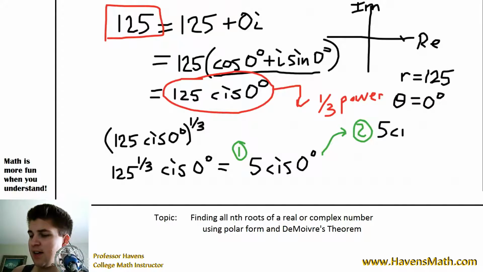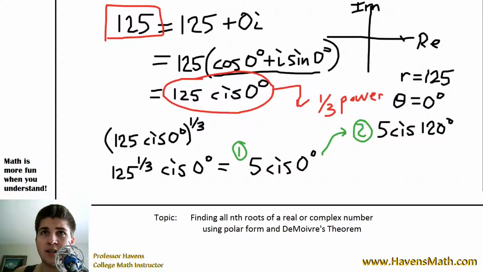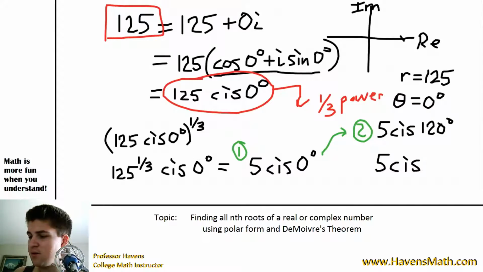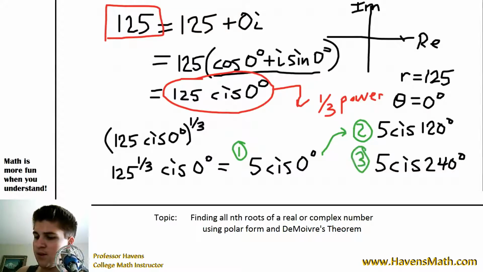Again, we take the angle in there and add that to it, and this will find the second root. And then do it once more, and we find the third root. We get 5 CIS of 240. And now this will be all 3 of our cube roots of the number 125.